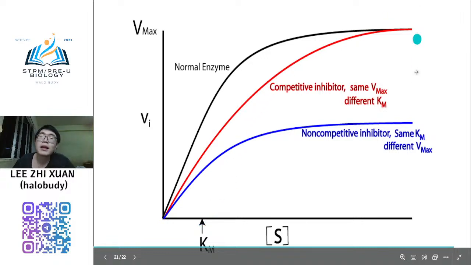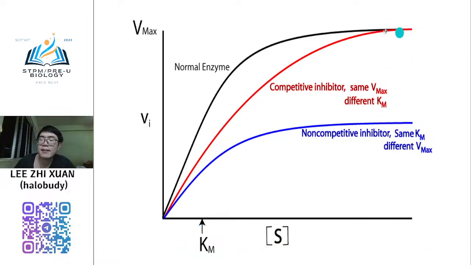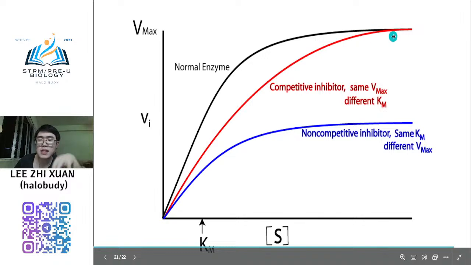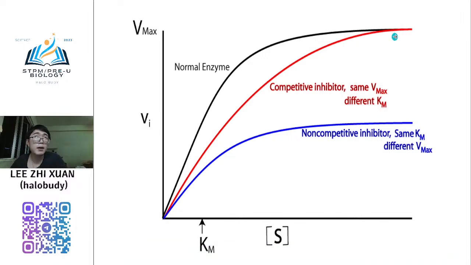But your Vmax is maintained. Your Vmax is still maintained. Why? Because the competitive inhibitor only binds to the active site. It does not change the shape. So if your substrate concentration is increasing, you can overcome the competitive inhibitor.